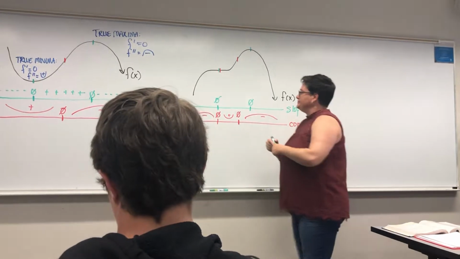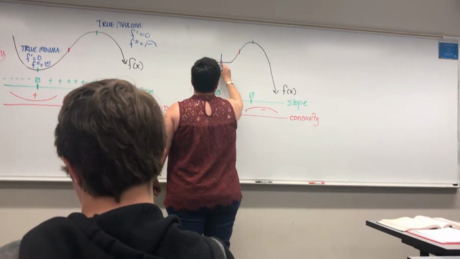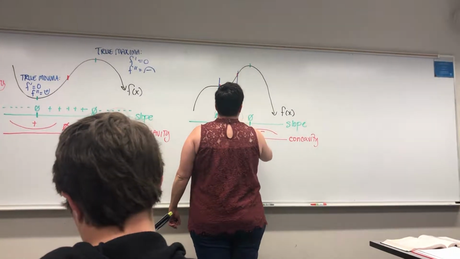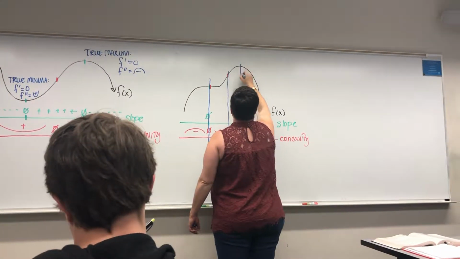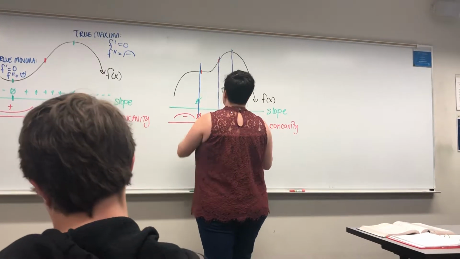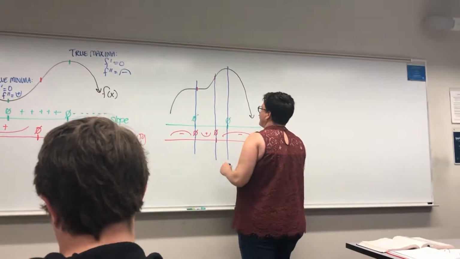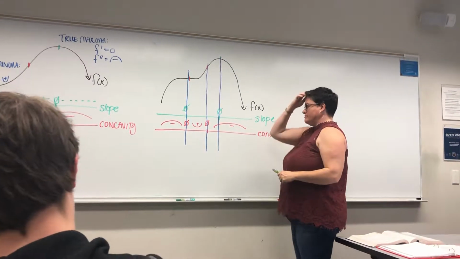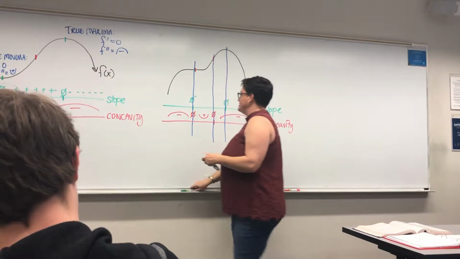Here we go. So I'm gonna slice this into regions using all of my critical values, which is what these points are, where slope and concavity equal 0. And I'm gonna draw it based on those pieces of information.